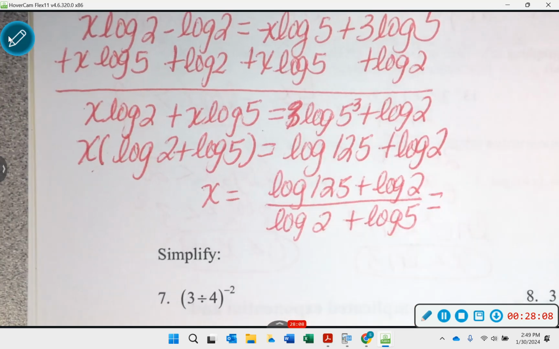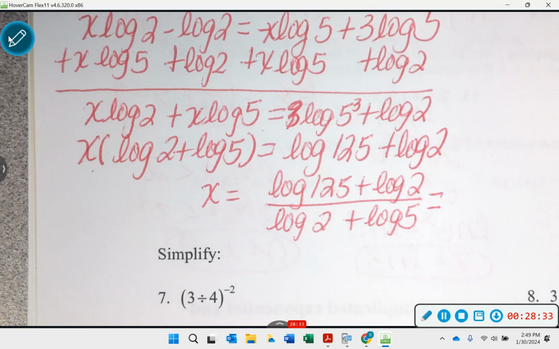There's a really nice answer for this. It's log 250. Did anybody else get log 250?